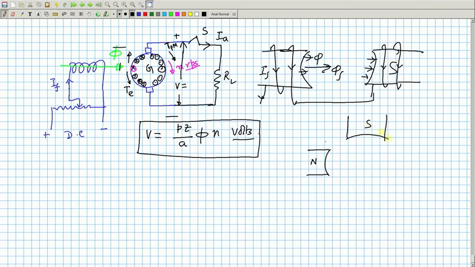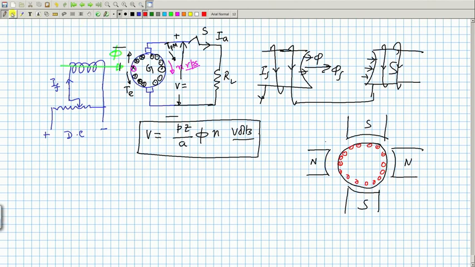Suppose 4-pole, north south, north south, field windings I am not showing. Here is the armature, and these are the conductors on the slots, on the periphery of the armature, like this. Suppose a 4-pole machine.